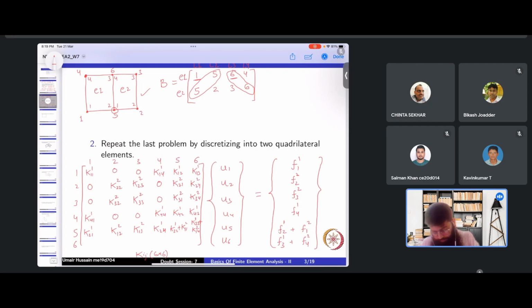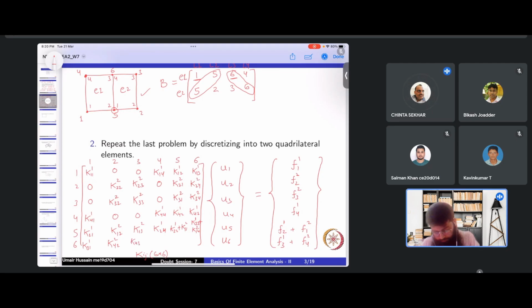Correct. Then for 6 1, do we have a connection? Right, we have. That is 3 1 of element 1. 6 2 is also connected. 6 2 is K4 2 of element 2.